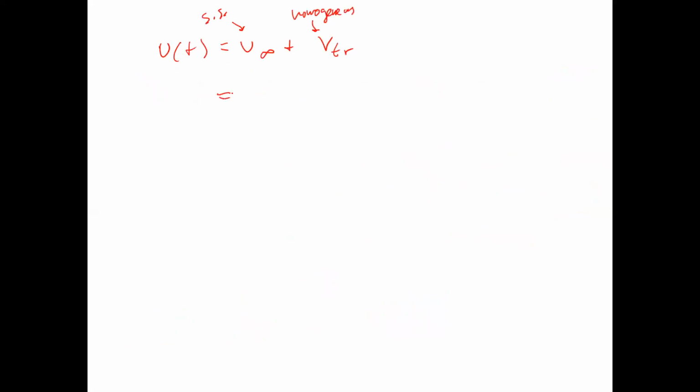So we just add those two together. So v of t equals our v infinity, our final value, plus the homogeneous solution, a1 e to the s1t plus a2 e to the s2t, depending on your case, right?